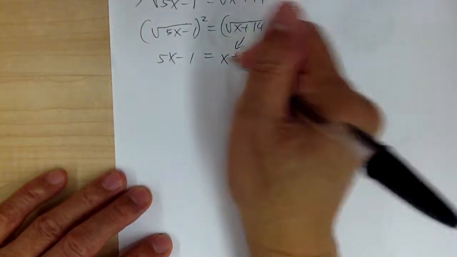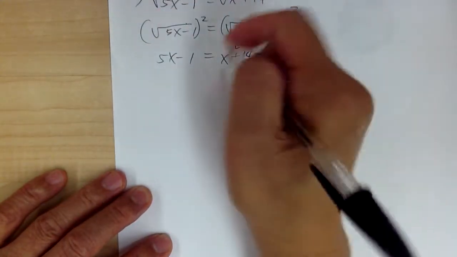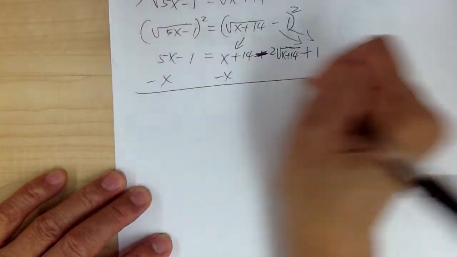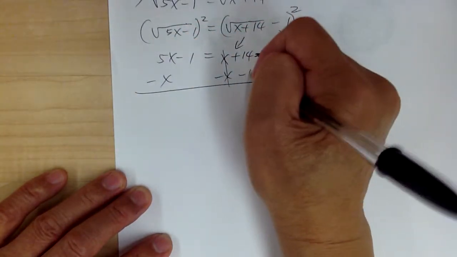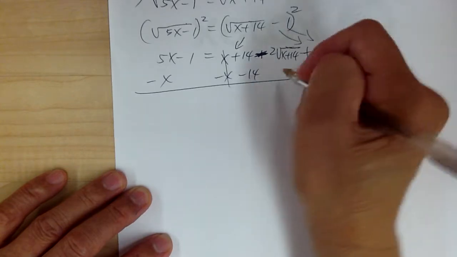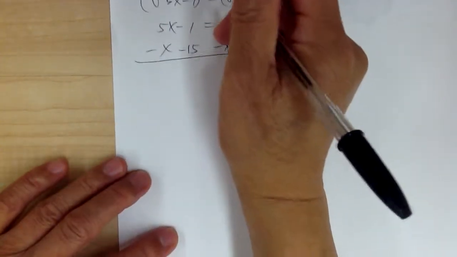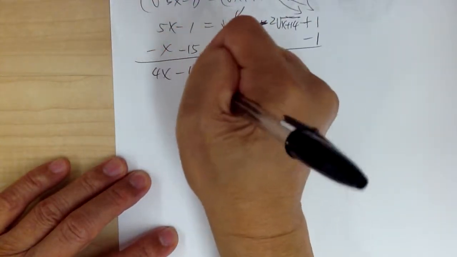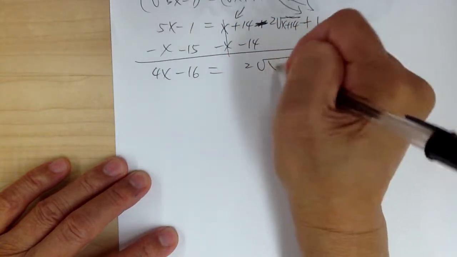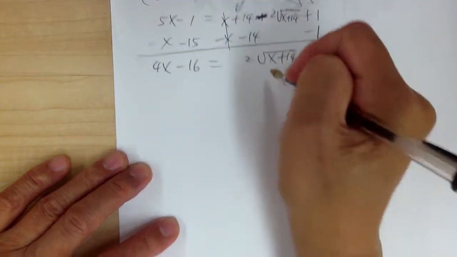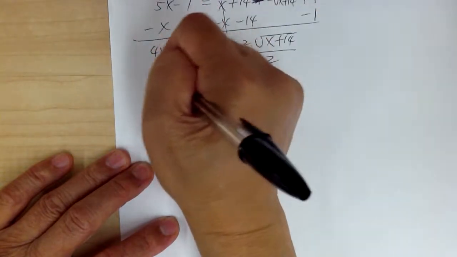Okay? So I'm going to move everything to this side to isolate my square root. So minus x, and this cancels out. I need to minus 14 minus 1, so I'm minus 15 here. So I get 4x minus 16 equal to 2 square root of x plus 14. And I'm going to divide by 2 to lower my number.